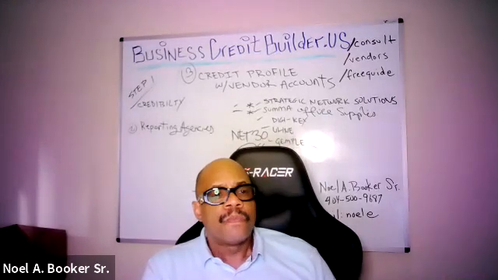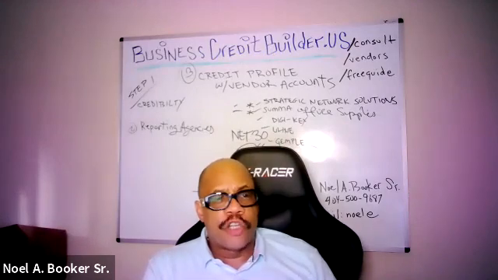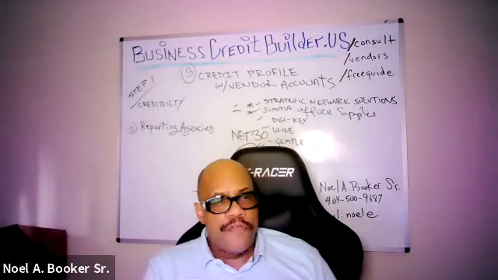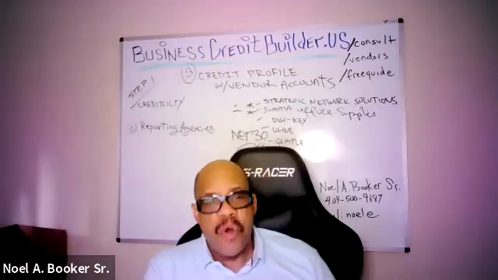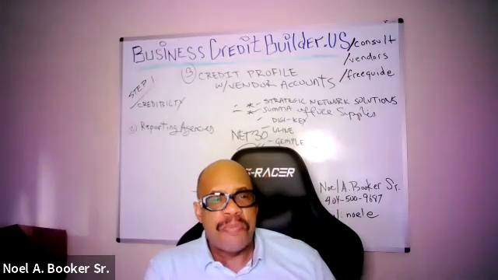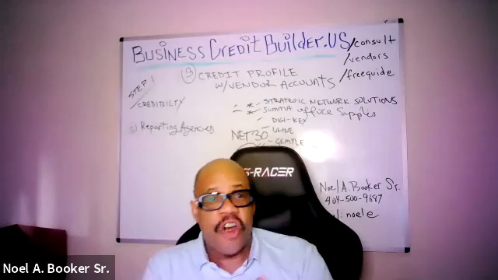When you create your business credit profile, what you have to do is look for vendors that will give you credit when you have no credit, and they have to report to the business credit reporting agencies. And that's hard to do. It's hard to find these vendors.